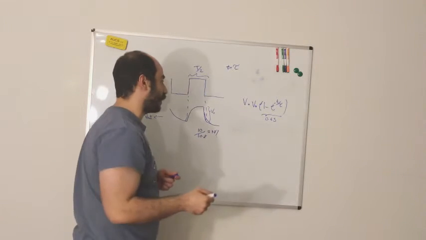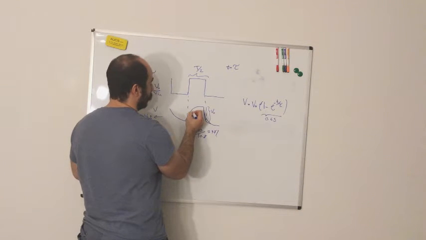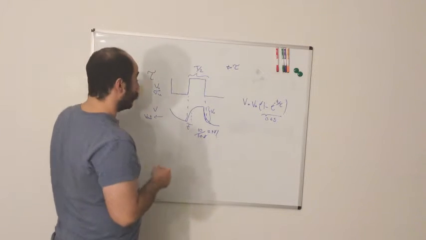This was defined as V naught. You can find the 63% of that and find the time corresponding to it. That time is going to be your tau.